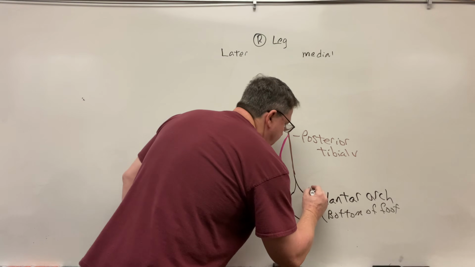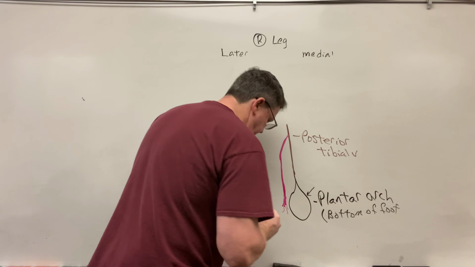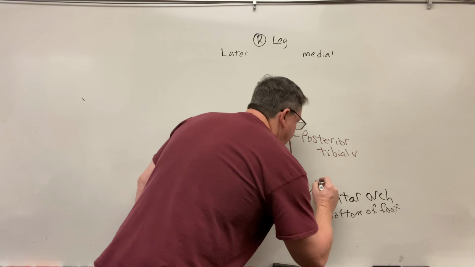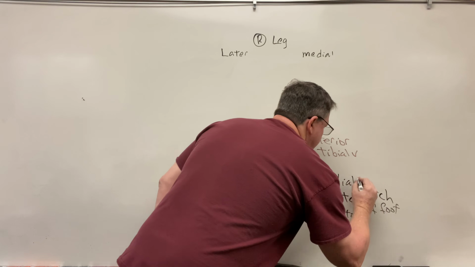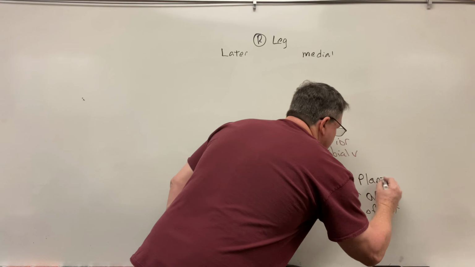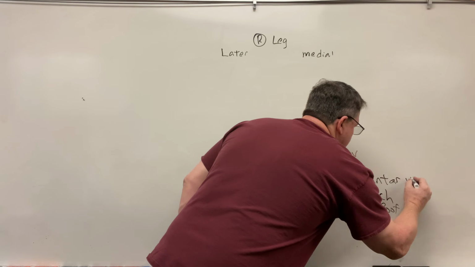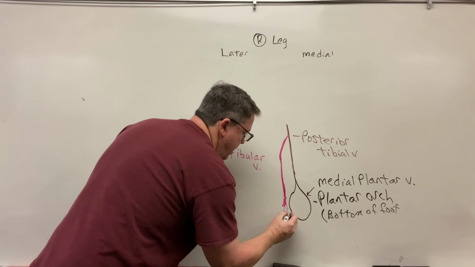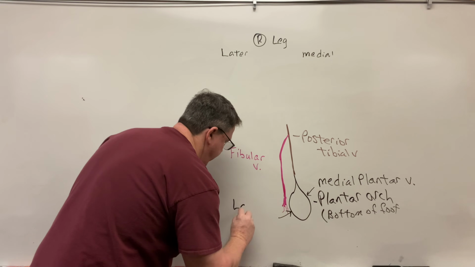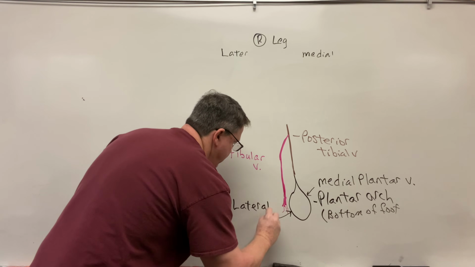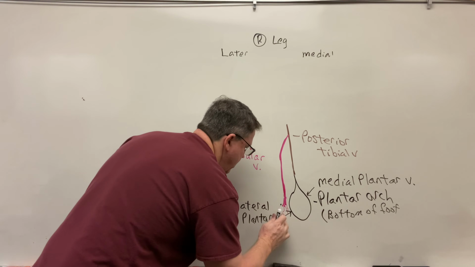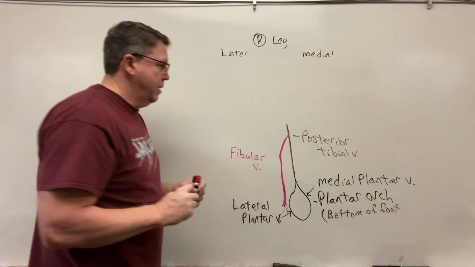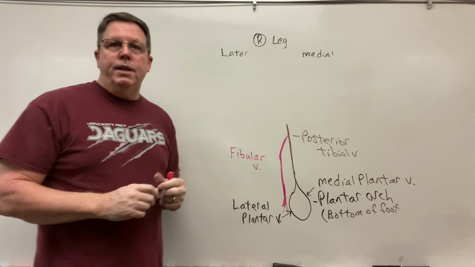Just to reiterate, this right here would be my medial plantar vein. This would be my lateral plantar vein. Okay, and they come together to form the posterior tibial vein.